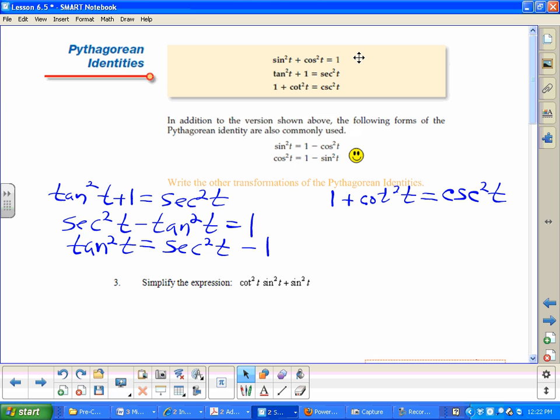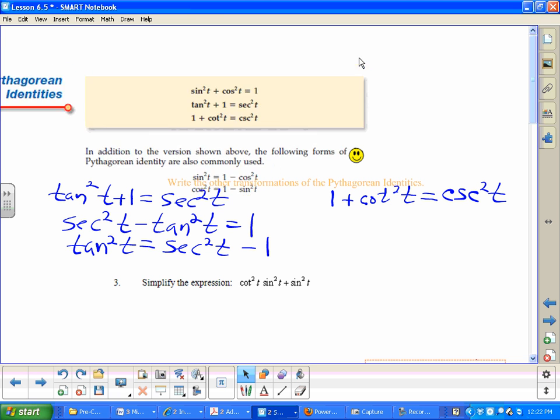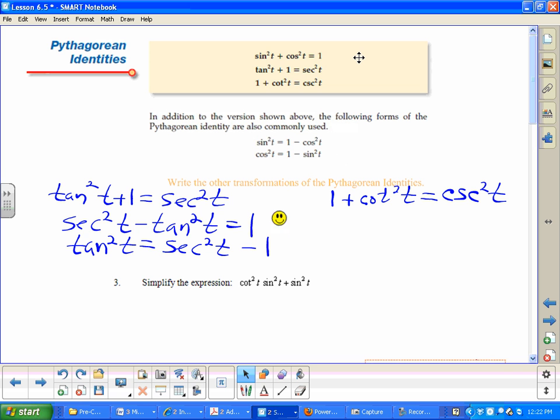So you have to be able to understand that all of them can be written in different ways. There's three main ones, the top three, but they can be written 6 other different ways too. All of them can be written in 3 different ways. It just depends on what's on one side by itself.